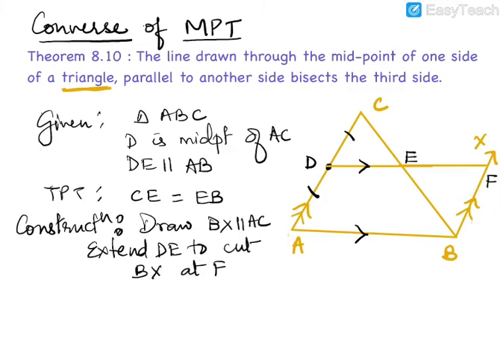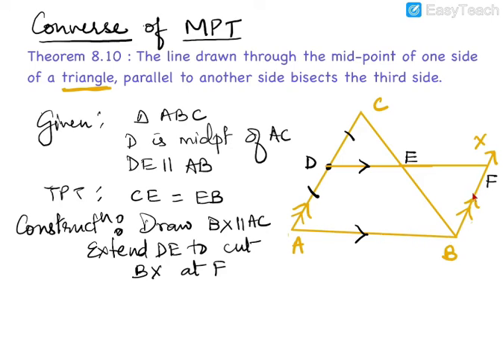Now observe quadrilateral ABFD. In this quadrilateral, AB is parallel to DF. What we are given is DE parallel to AB, but DF is an extended version of DE. So we can say that DF is parallel to AB. And by construction, we have AD parallel to BF.